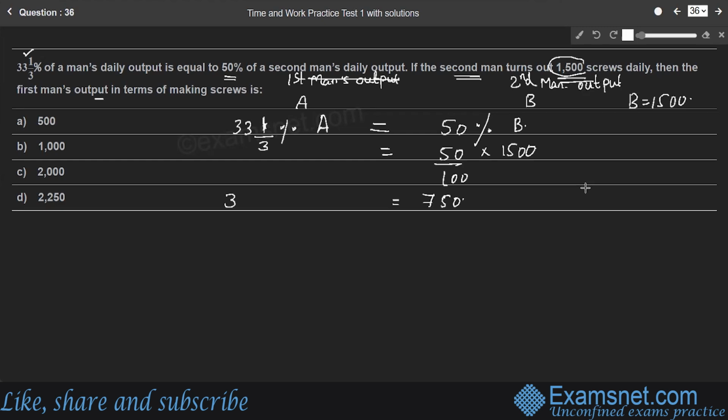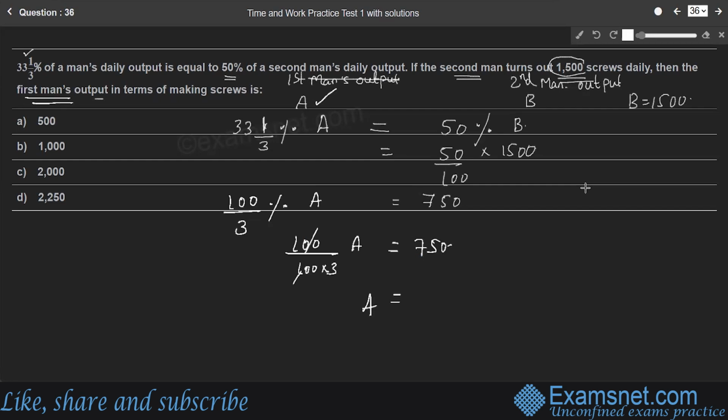So 33 1/3% of A means (33 into 3 plus 1), which is 100 by 3% of A, is equal to 750. Here what is to be calculated? First man's output, the value of A, should be calculated. So simplify it. Here 100 by 3% means 100 by 100 into 3, so it is 1 by 3 into A is equal to 750.